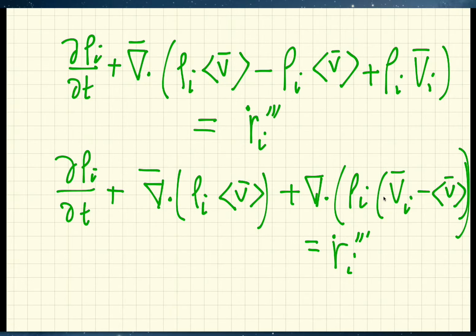Now we have identified that this term here is the drift flux of element I in the mix. So it's kind of a relative flux. We're going to call it J sub I and give it a vector here.